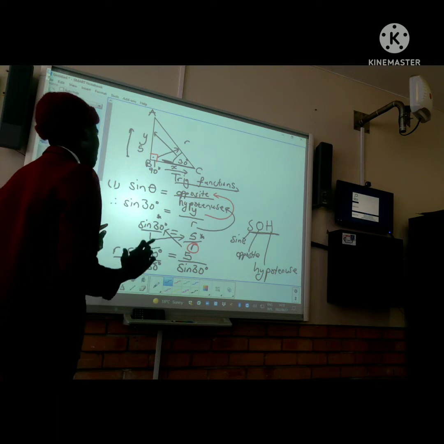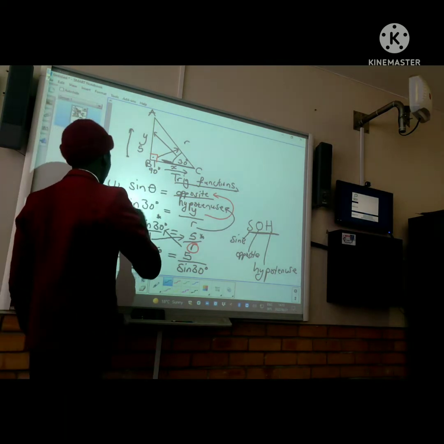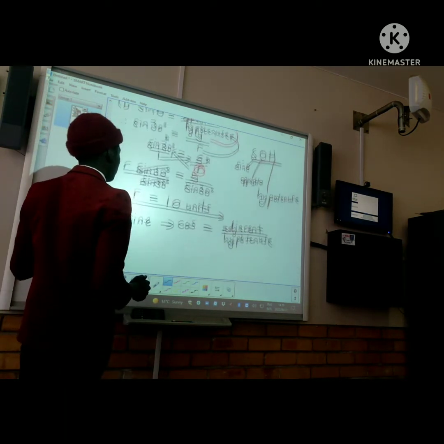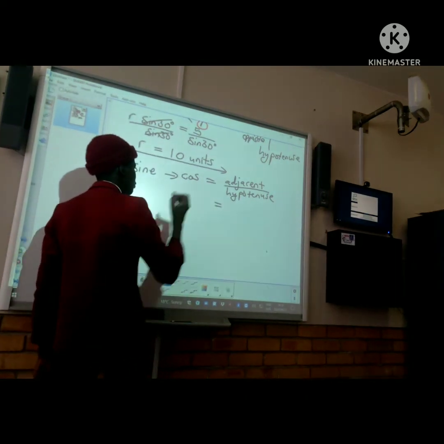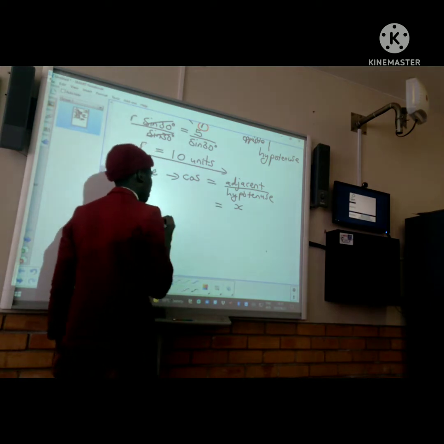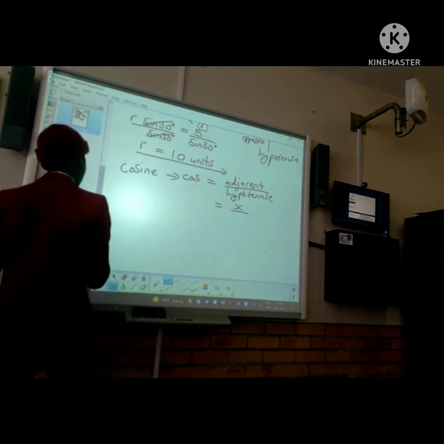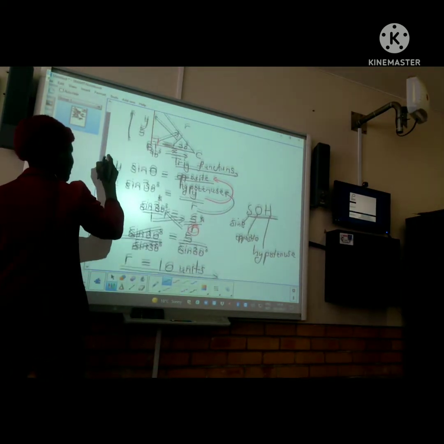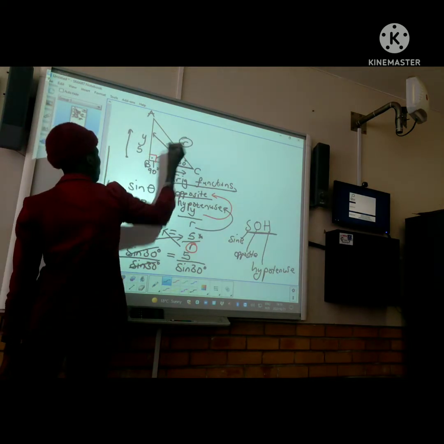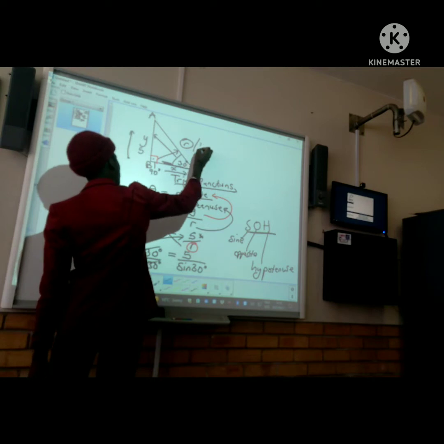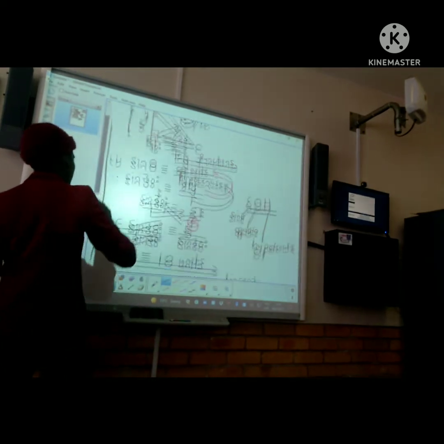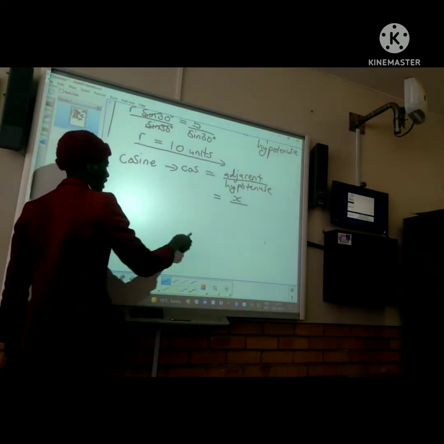So remember, an angle is the space between two lines. So 30 degrees is formed by line BC and AC, as you can see indicated. So here you write X over R. So where do we get this R? Let's just remind ourselves. You can see R is the hypotenuse. So you know that cosine is defined by adjacent over hypotenuse.